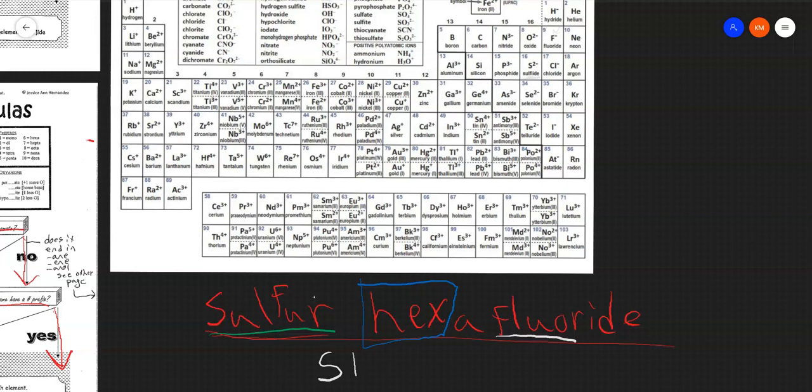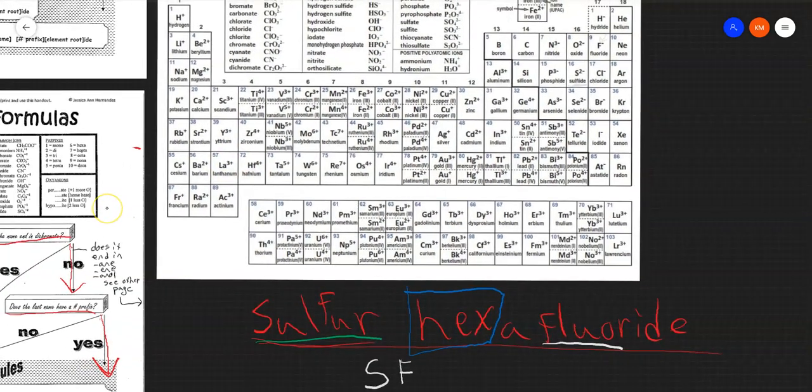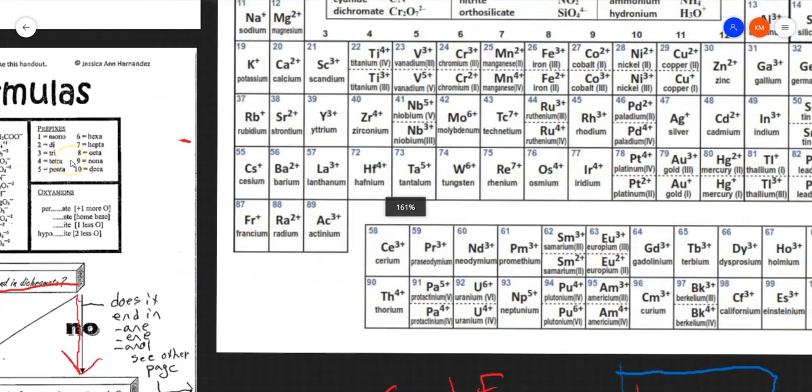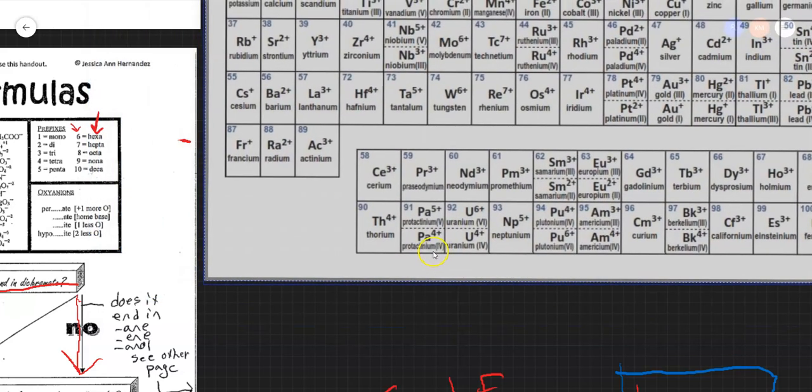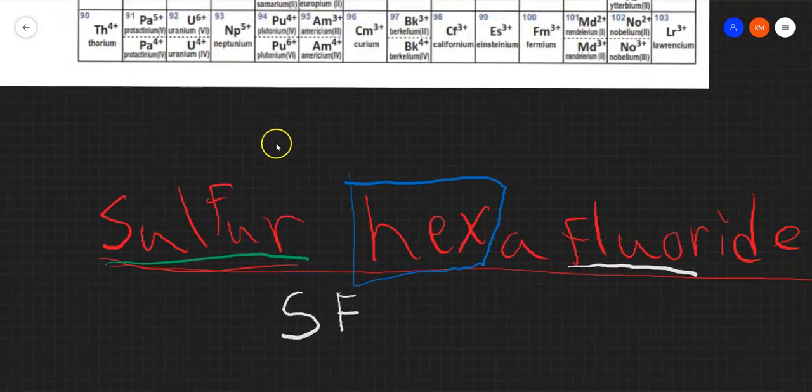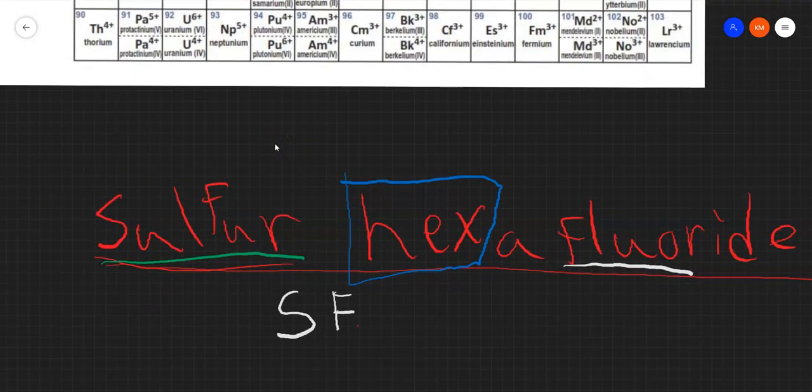So chemical symbol F. And hex, if I look at my prefix chart here, hexa is right here. That equals 6. And so SF6. That's my chemical formula.